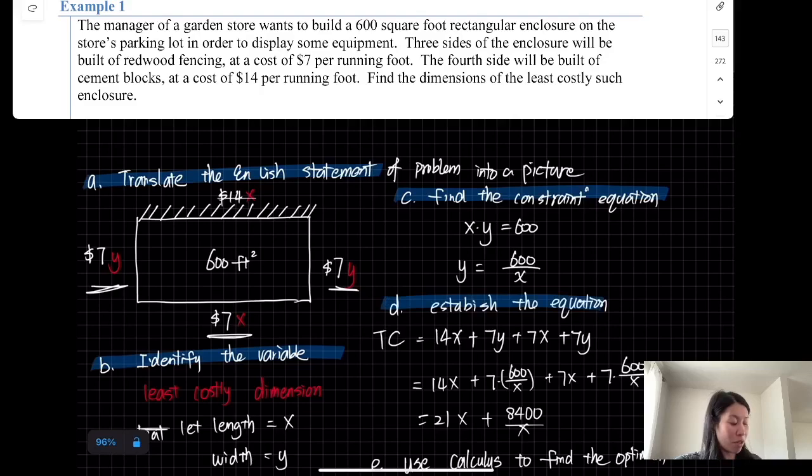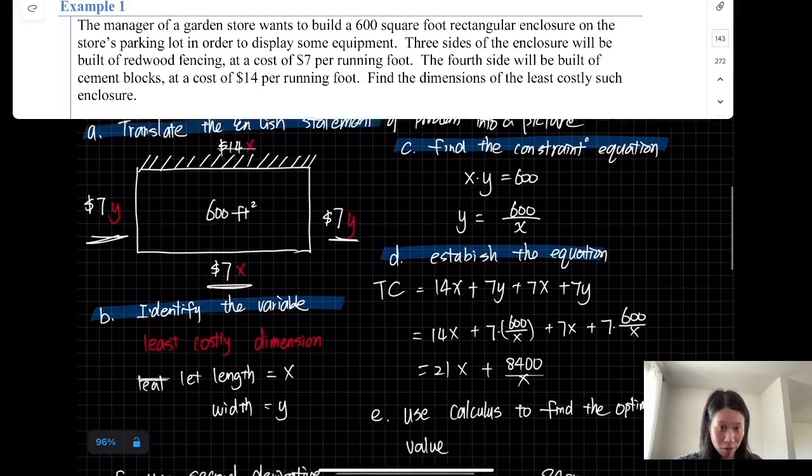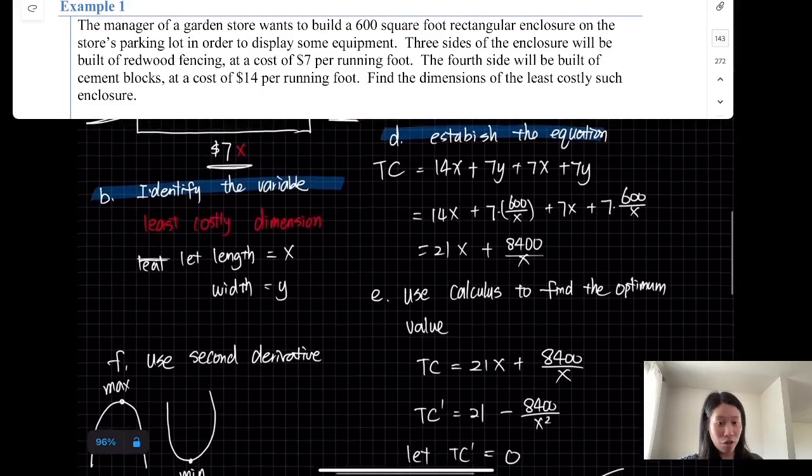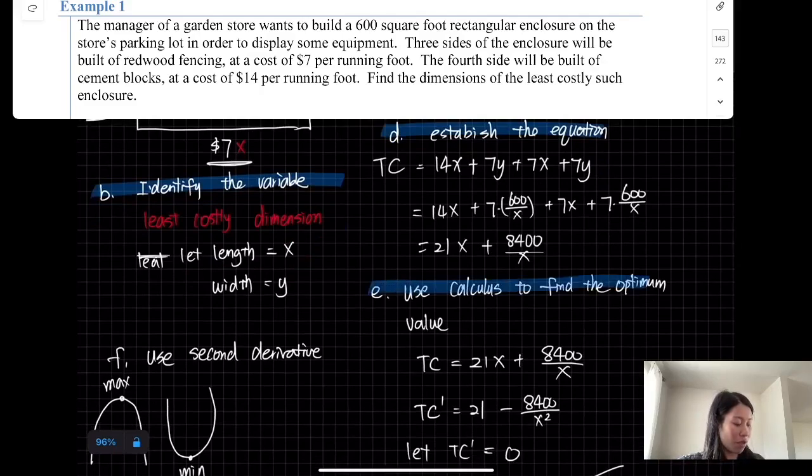And then the next step is you establish the equation for what they're asking you. And then the fifth step is you use the calculus to find the optimized value. The sixth step, it's not really a step, it's more for checking, is to use the second derivative to check if this is really the minimum or maximum, or least, the greatest. They use different words to check if this is what you are looking for.